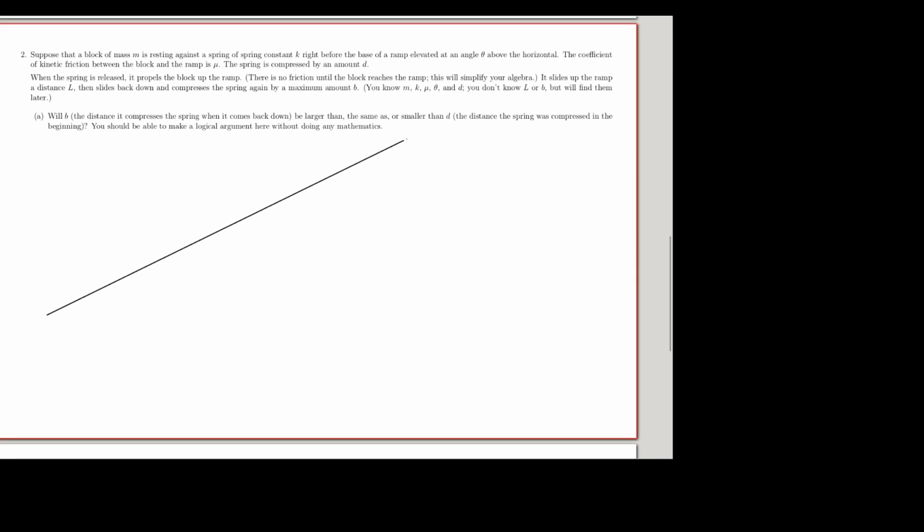So we have a ramp here. It's elevated at an angle theta. And we have an object compressed against a spring. So here's our spring. And this is compressed some distance d.